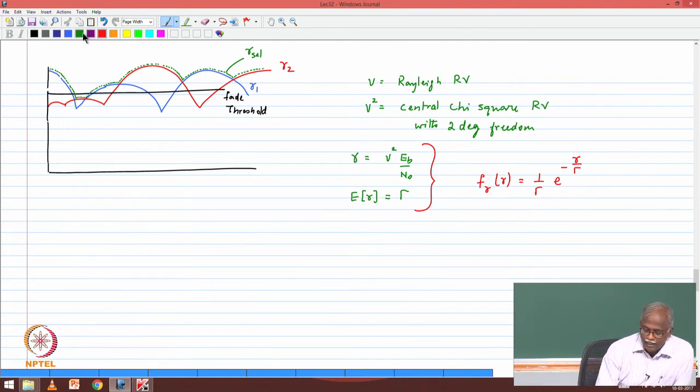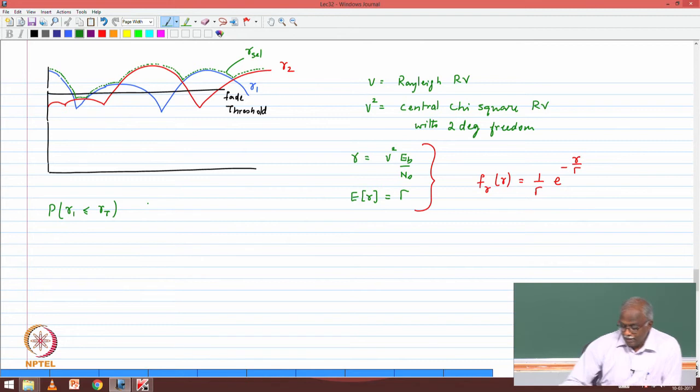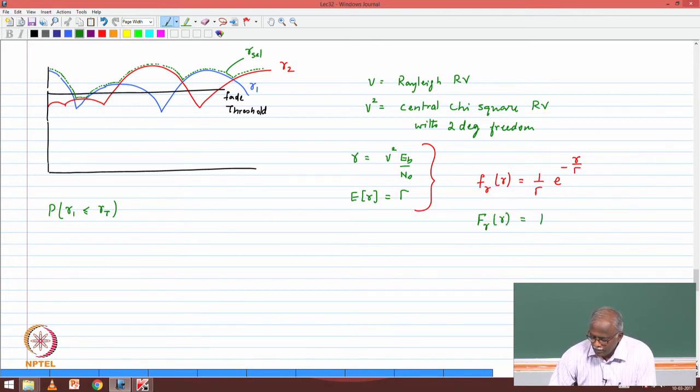Now comes the framework that we are interested in developing. Probability that SNR 1 is less than or equal to the gamma threshold. What is that? The CDF of gamma is the probability that gamma is less than gamma threshold, which is given by 1 minus e power minus gamma threshold by Gamma.